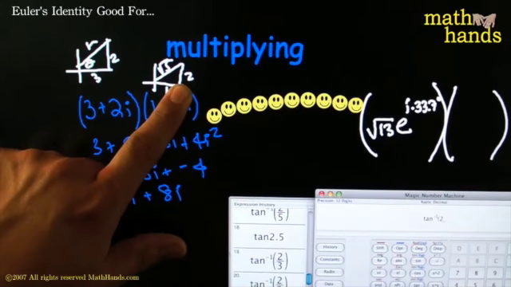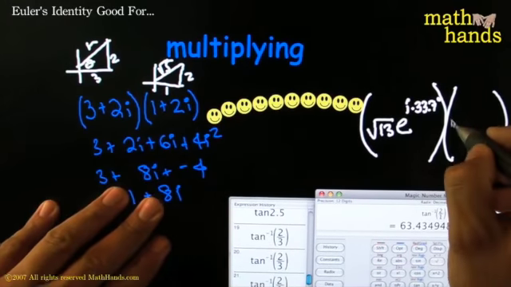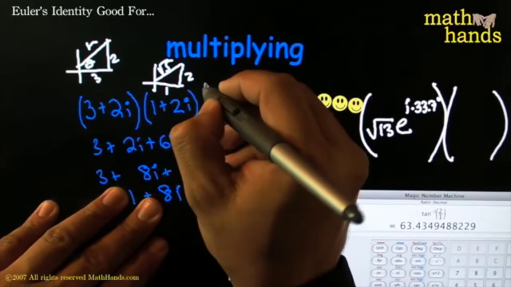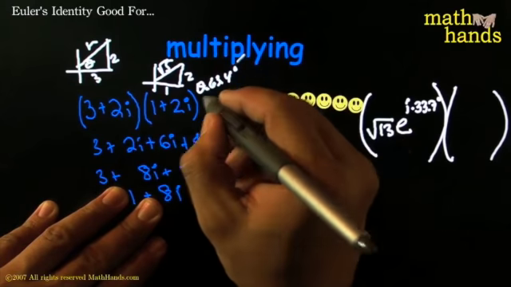times 1 plus 2i. To find that one, you go 1 over 2, so this will be the square root of 5, and then tan inverse of 2 over 1. So I'm going to clear all this, and I'm going to do tan inverse.